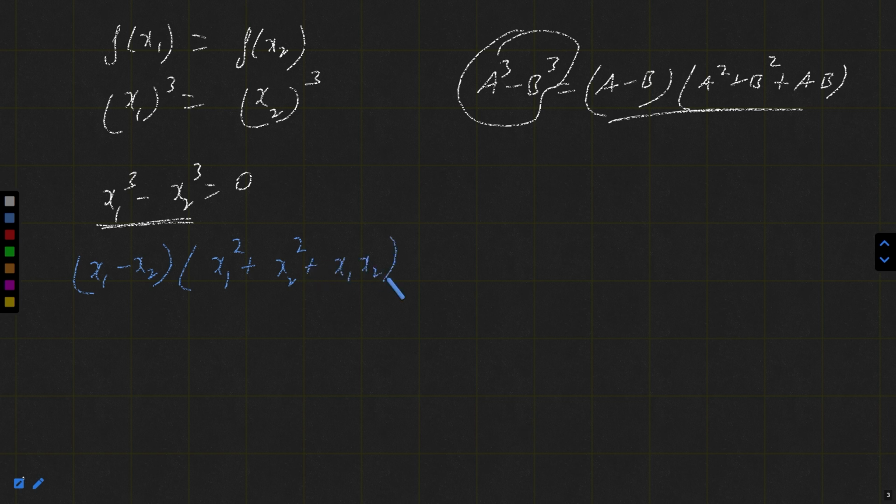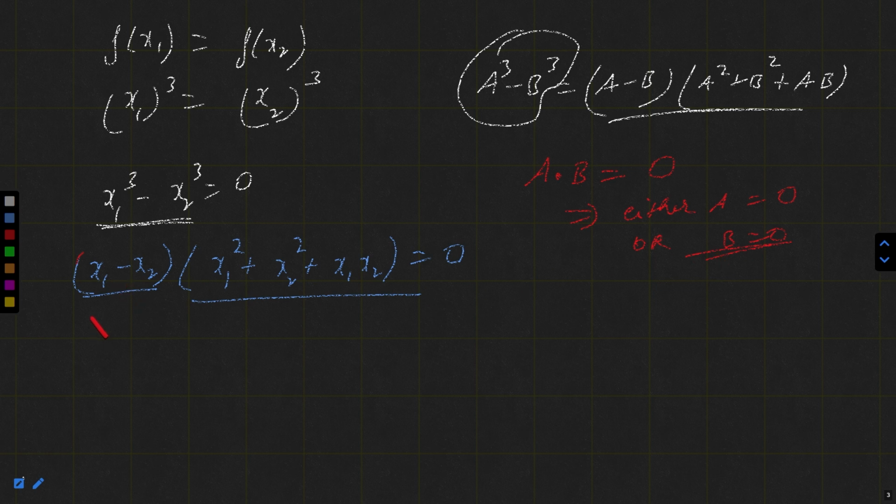x1 x2. Now we know that x1 and x2 both belong to the real numbers, and the algebra of any two real numbers will also belong to the real numbers. So this whole output will be a real number, and we know a property that if the product of any two real numbers equals 0, this means either the first number is 0 or the second number is 0.